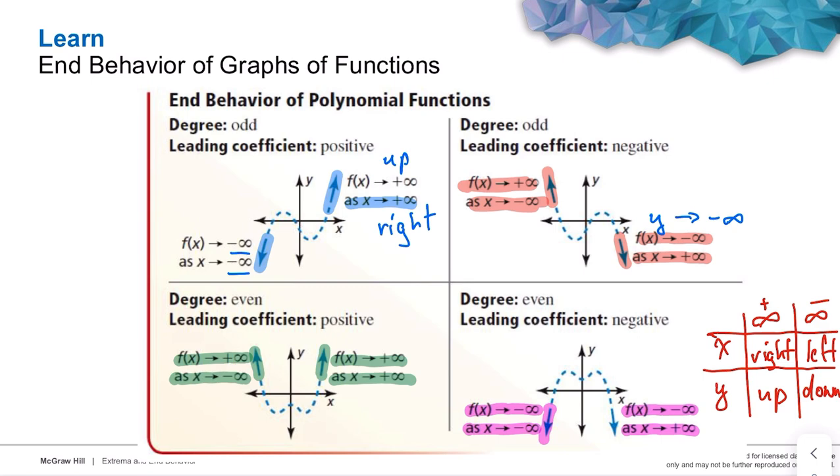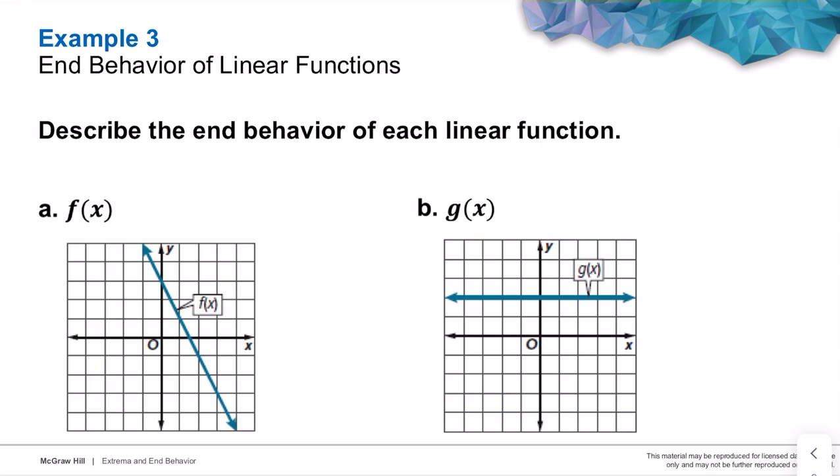Okay, so to use that here, if you notice this first graph, I'm going to worry about the right side first. So on the right side of this graph, as x is going to positive infinity, f of x, or y, is going down. Okay, so x is going to the right, that's positive. Y is going down, that is negative infinity. This is an end behavior.